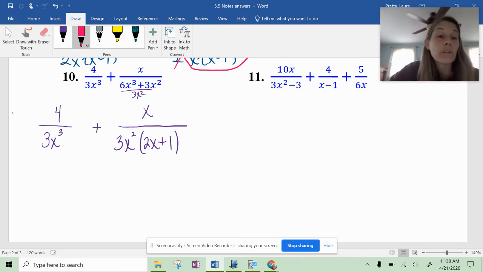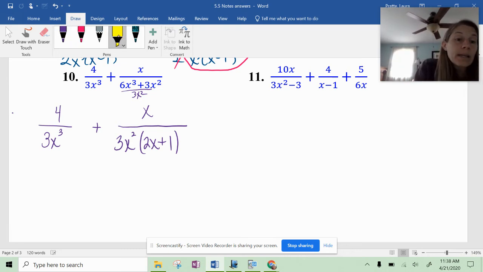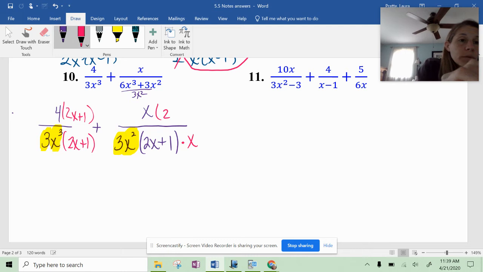Okay, so it's really important to do that first because now that we can see that, we see that we already have a 3 on both of these. And we have an x squared here, and this one we have an x cubed. So we only need an extra x on this side to match that 3x cubed, and then we need the 2x plus 1 on this side, so that we have the common denominator.